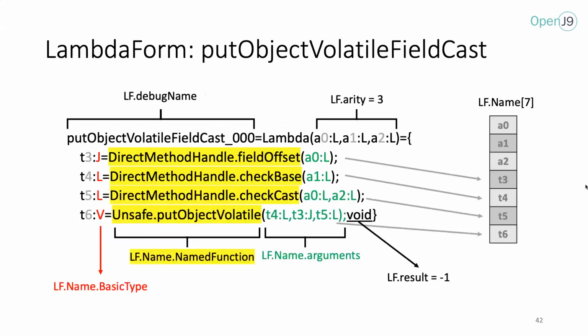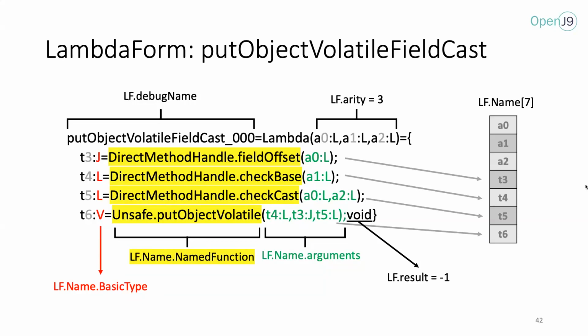And to just go back, the Lambda forms for this method look like this. Previously, we had only covered the Lambda form properties to understand the description of a Lambda form. Over here, we can go into more details about the behavior inside this Lambda form. For the find setter example, as Nazim had stated, we wanted to set a field in a class with a specified value, and in this Lambda form, field offset gets the offset of the field in the class.